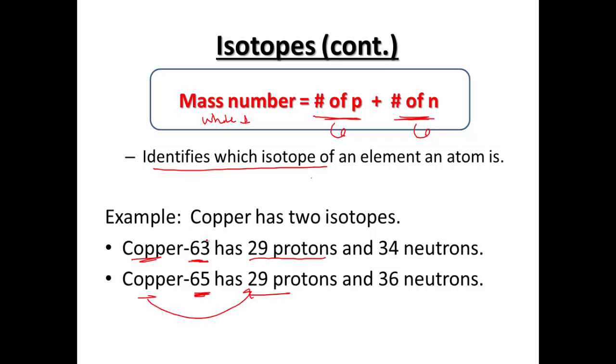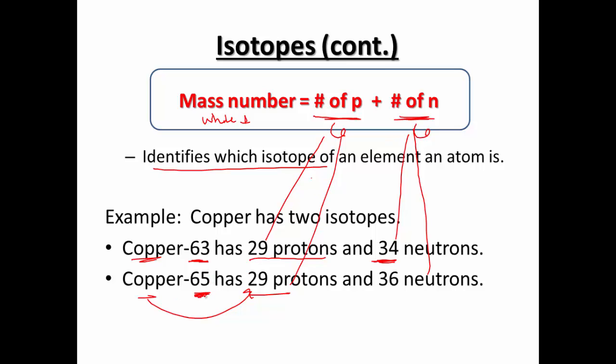But if the mass number is 63 for one of them, and the mass number is 65 for the other one, that's because it has different numbers of neutrons. So it takes 34 neutrons to get to 63 there. So 29 plus 34, protons plus neutrons, adds up to 63. For the other version, with a mass number of 65, 29 protons plus 36, 2 more neutrons this time, will get you to 65.